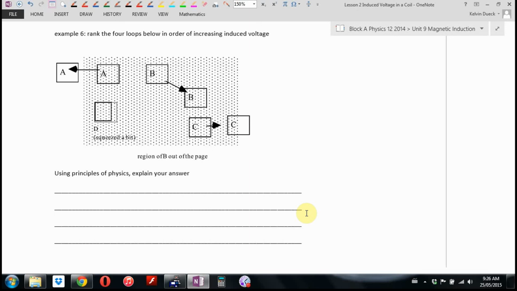B. So B equals 0 volts. Which one of these has the next smallest change in flux? You kind of have to guess, but I added 2 words to make it a bit more obvious. Squeezed a bit. That's my way of saying, oh, not much.